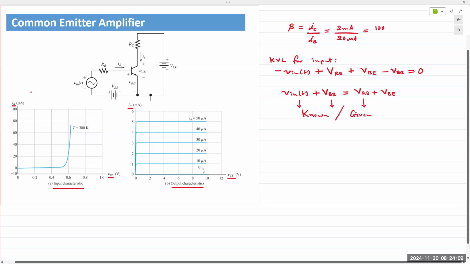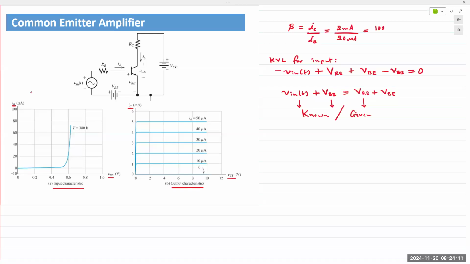VRB is, of course, IB times RB. So we have to calculate, and I'm going to replace VRB here with IB times RB, the voltage drop across the base resistor.